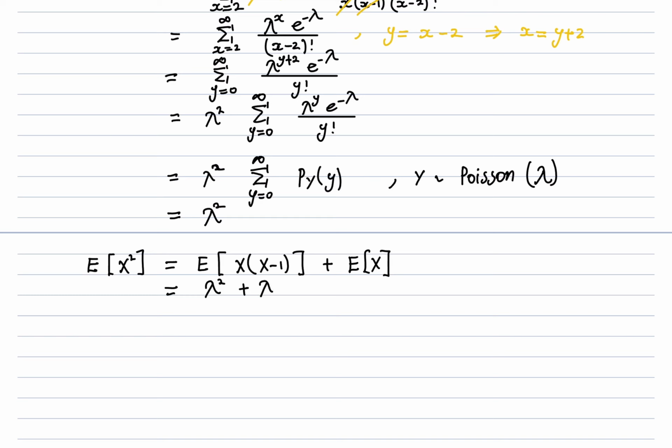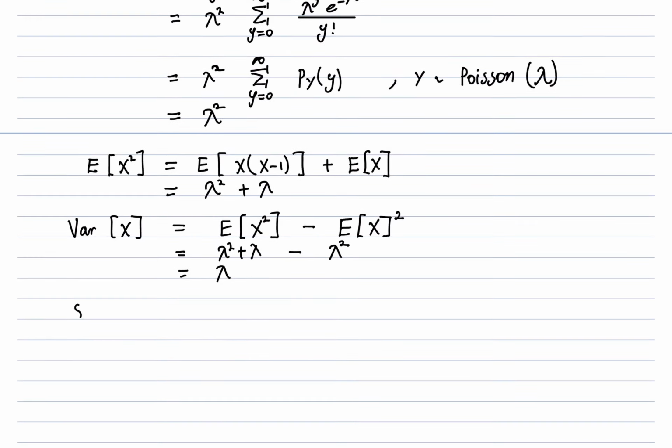And now finally we can compute the variance of the random variable. The variance of the random variable is the expected value of x squared minus the expected value of x all squared, which in this particular instance is equal to lambda squared plus lambda minus lambda squared, which is just simply lambda.